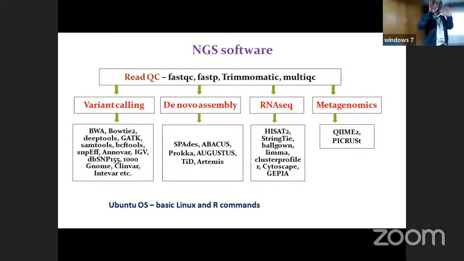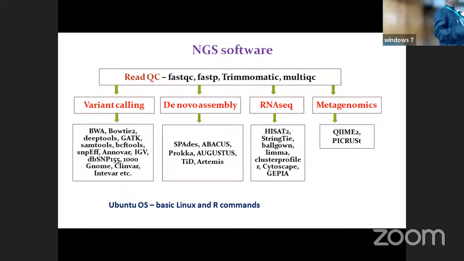And every diagnostic lab, whether you talk about Lalpath, SRL Diagnostics, or Max Healthcare, is using this ClinVar in the background, or there is a database called HGMD, which is a commercial one. They use these two databases in the background to identify the variants for clinical reporting. Now, for de novo assembly, you will be using SPAdes, ABySS, Prokka, and Augustus. Augustus is for gene annotation.